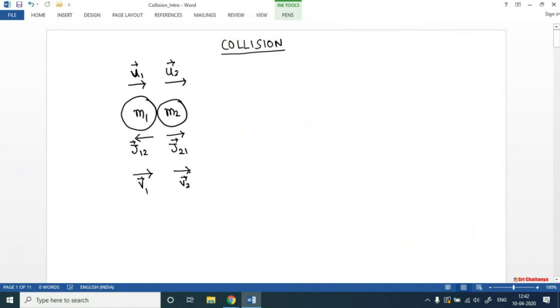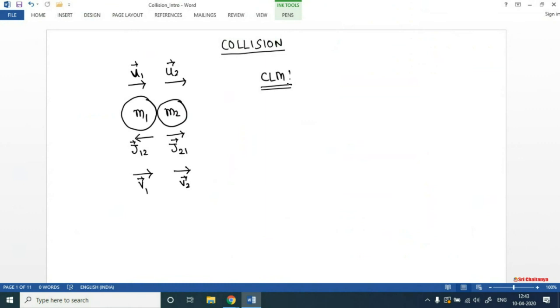The condition after collision can be predicted using the principle of conservation of linear momentum. We will be able to apply conservation of linear momentum on this system when we can make sure that during the collision there is no external impulsive force acting on the system.